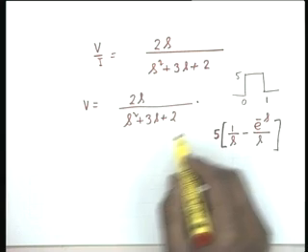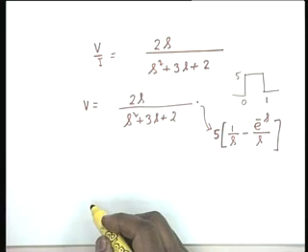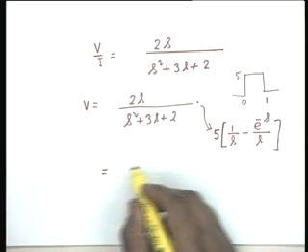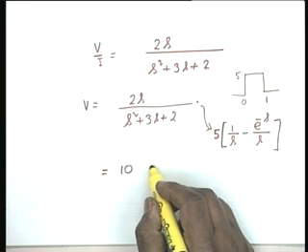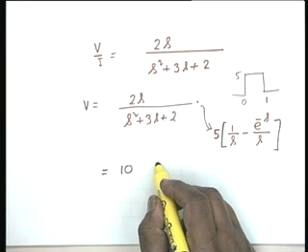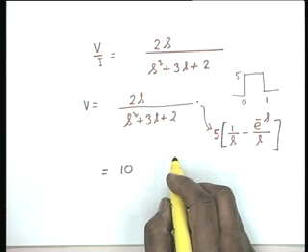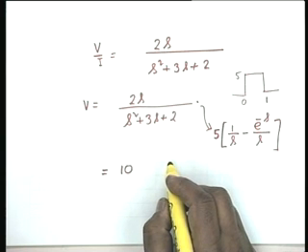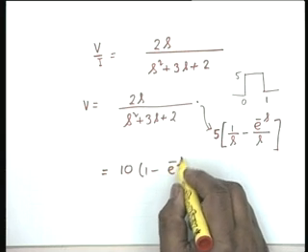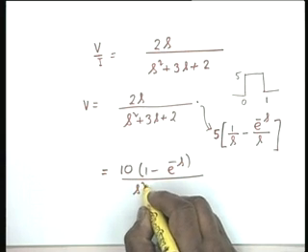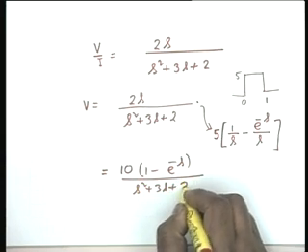Therefore my capital V simply becomes equal to 10 times 1 minus e to the minus S, divided by S squared plus 3S plus 2, if I simplify.